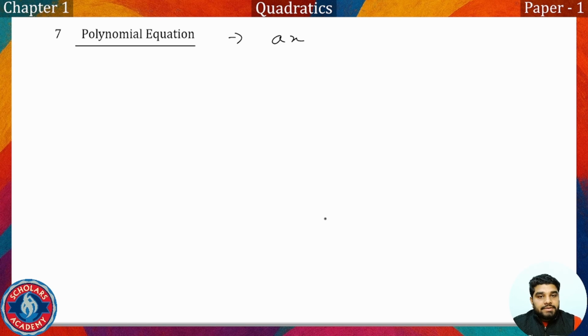Okay, so if we add all these different terms together, we get a polynomial equation. What do I mean by that? It is a_n x to the power n.